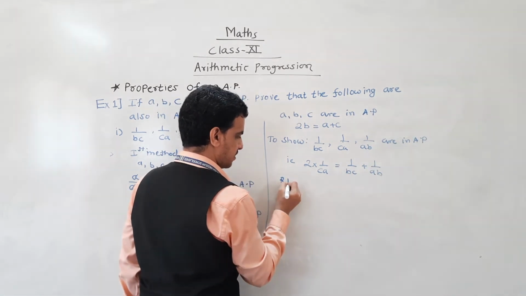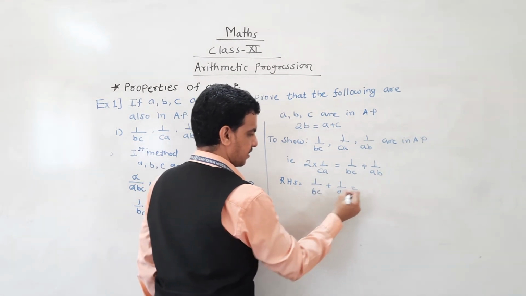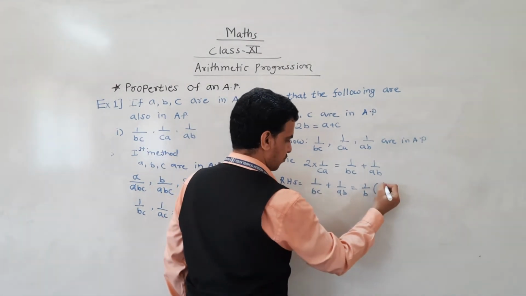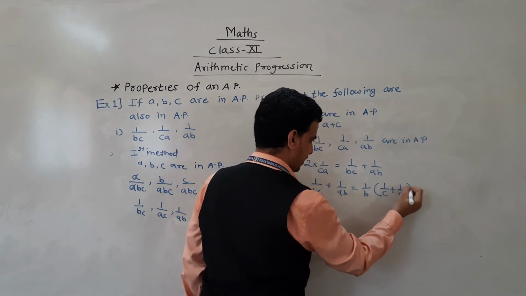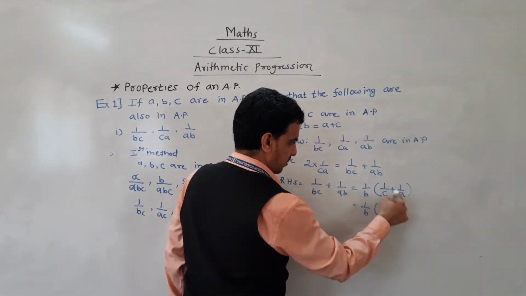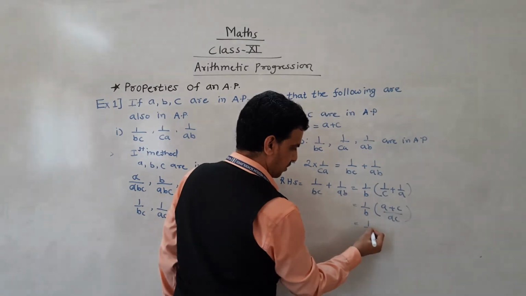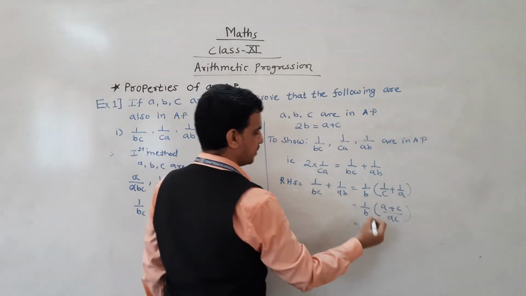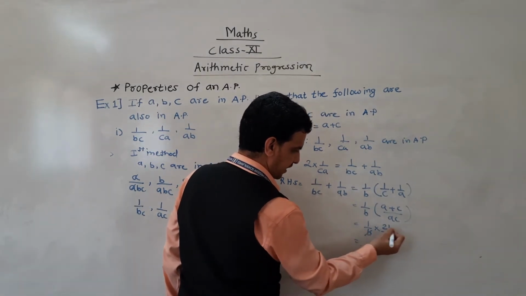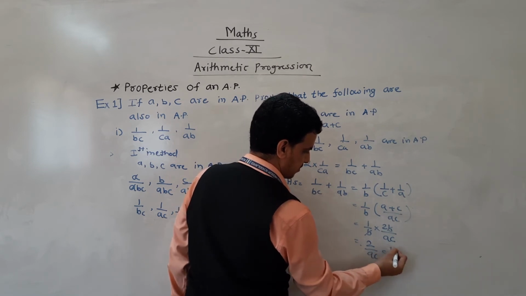Okay, so I am taking the RHS, 1 by bc plus 1 by ab. So taking 1 by b common from the denominators, that is 1 by b into (1 by c plus 1 by a). If you make the same denominator, 1 by b into (a plus c) upon ac. Okay, so 1 by b, and the value of a plus c is 2b, so 2b upon ac. So this b will get cancelled. So what remains? 2 divided by ac, that is the LHS.